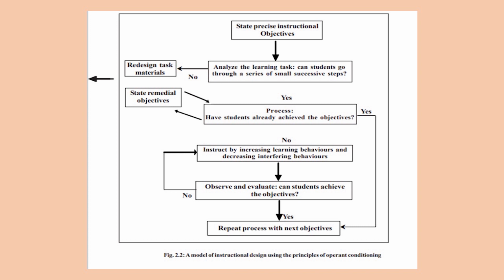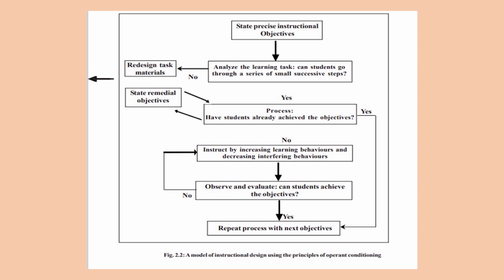then we will make instructions by increasing learning behaviors and decreasing interfering behaviors, so that the student is able to observe and evaluate. And then we have to find out, can students achieve the objectives? If the student has been able to achieve the objectives, then we will repeat the process with the next objective.